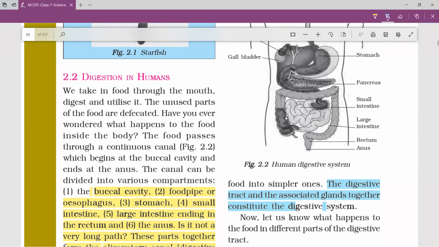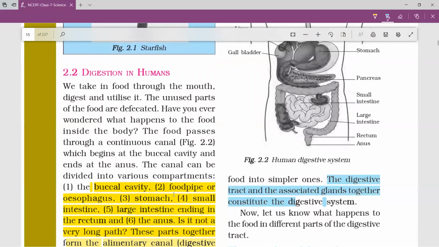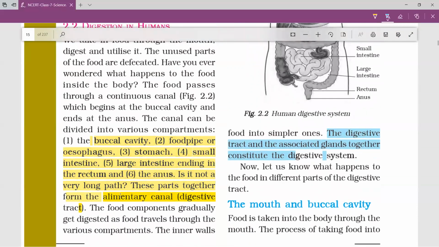Just see what the parts are: the buccal cavity, that is our mouth; the food pipe or esophagus; then the stomach; then the small intestine; the large intestine, which ends in the rectum; and the last part is the anus, through which we throw out the undigested food. All these parts make the digestive tract or alimentary canal.